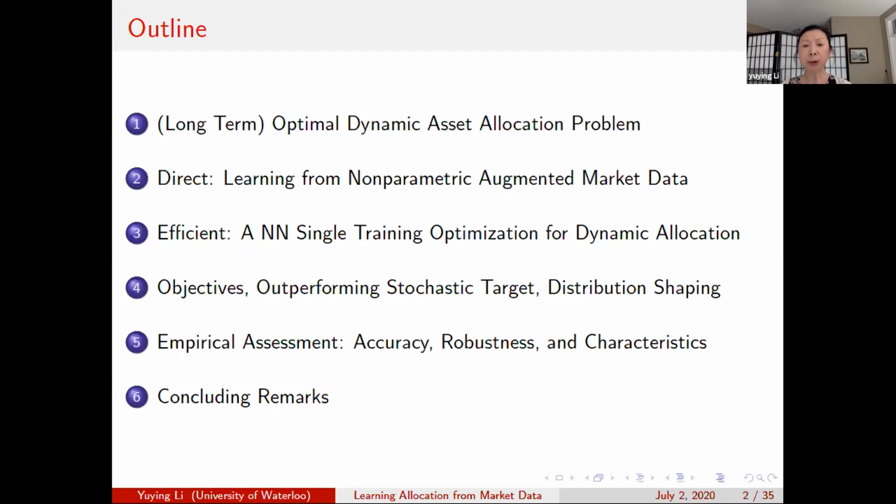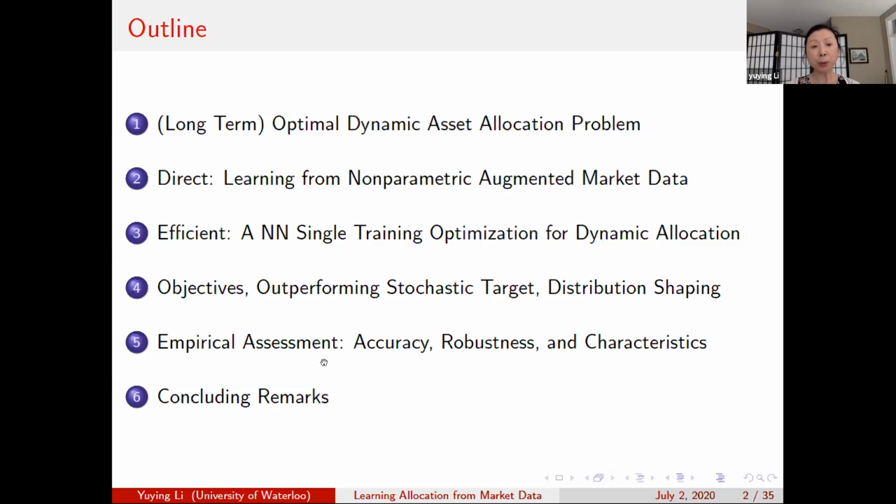Then, for the specific application of pension asset allocation, I will describe different possible objective functions that can be used to generate attractive allocation strategies, such as reaching a constant level of wealth at the retirement time, or getting a strategy to outperform a benchmark strategy used in industry.